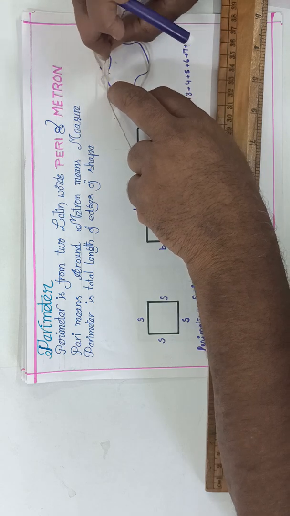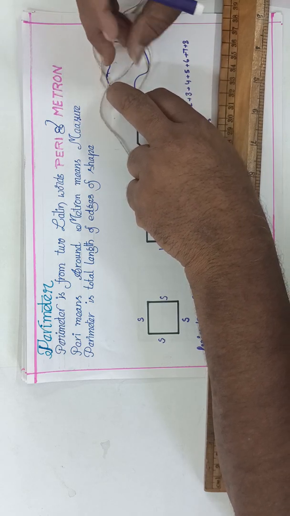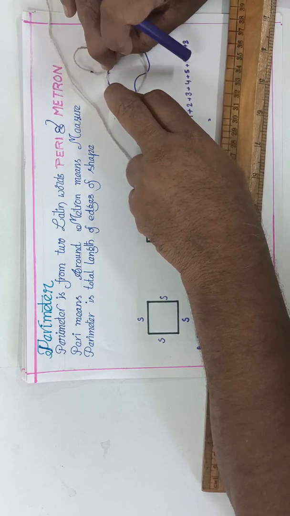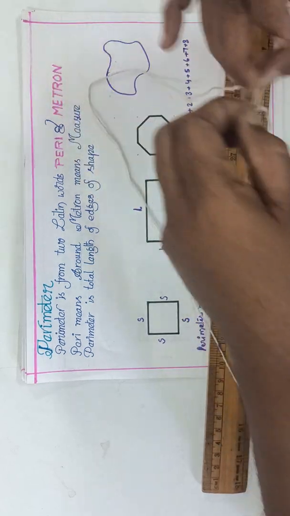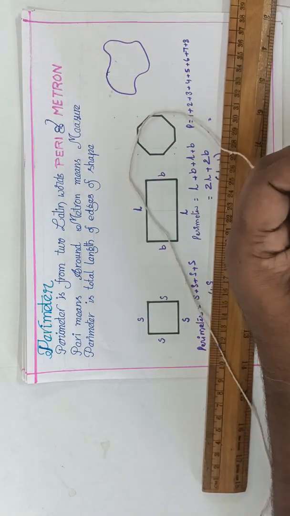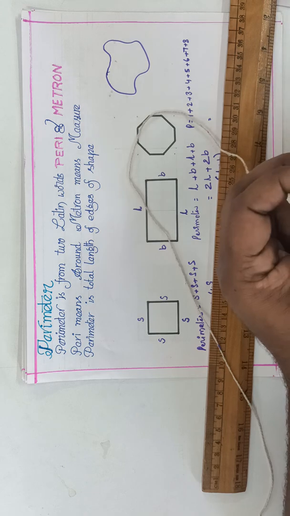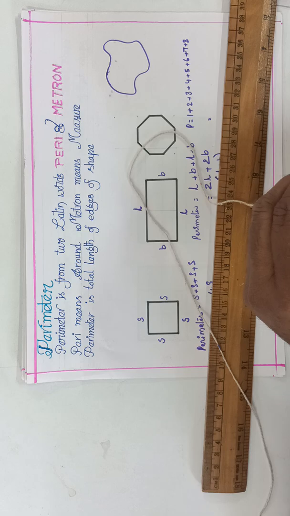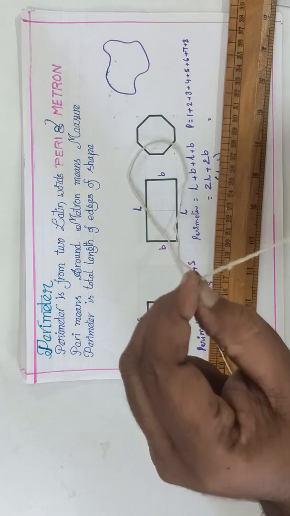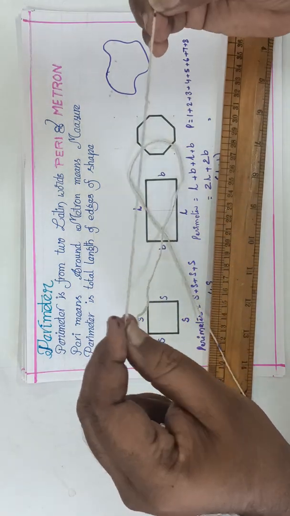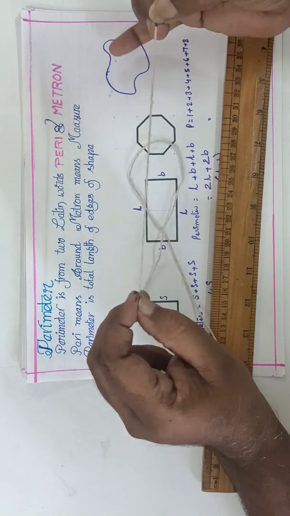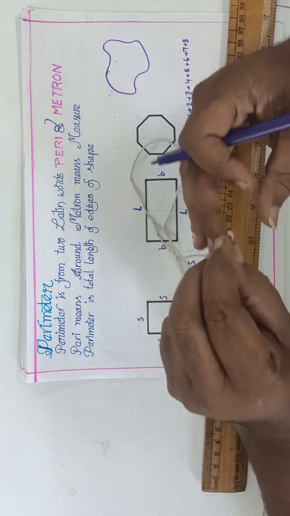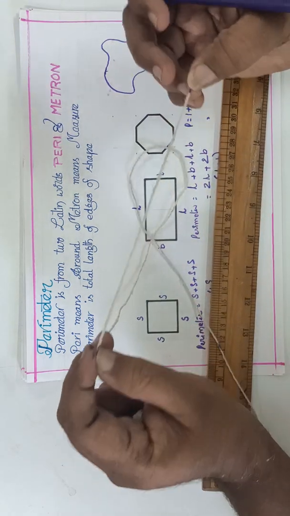So here we have to mark it. The perimeter of that particular irregular shape is the length of this thread between these two marks.